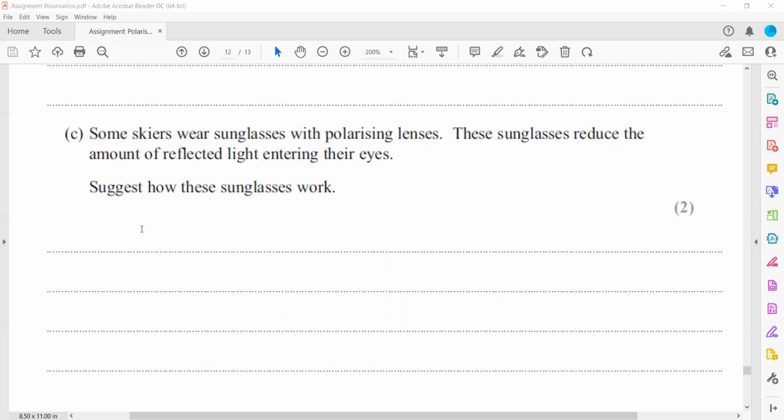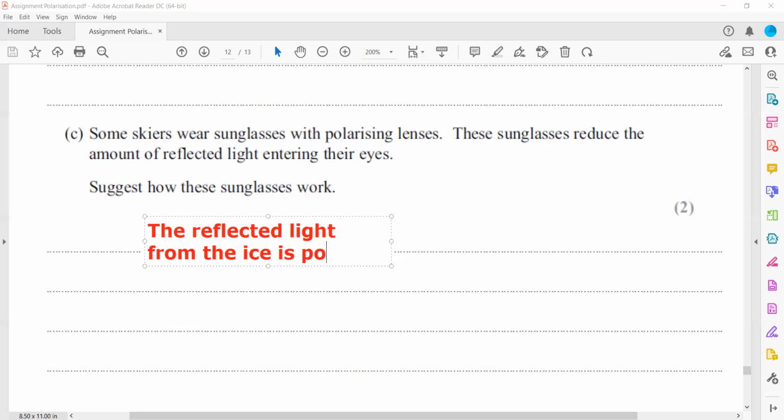So sunglasses: the reflected light from the ice is polarized. Then what will happen?